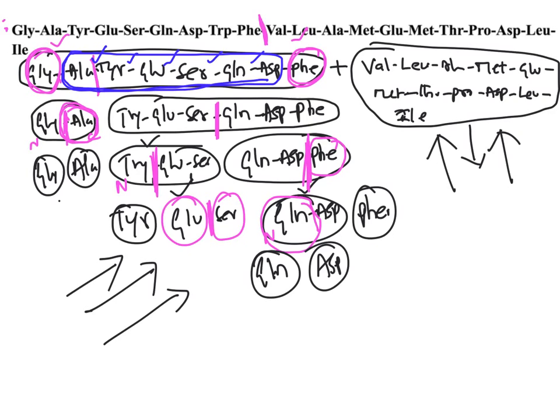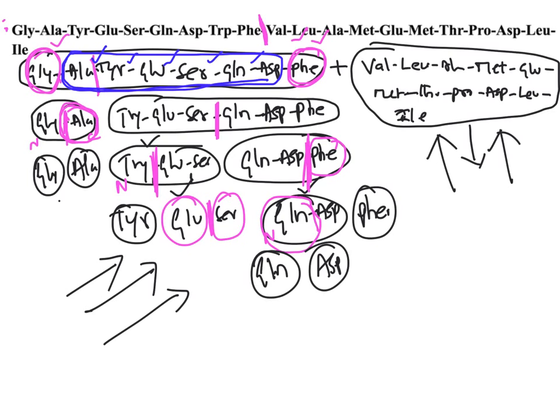Now after that you need to remember the specificities of all these proteases. Aminopeptidase has a broad specificity. It acts on the very first peptide bond from the amino terminus. And we have two carboxypeptidases, A and B. Carboxypeptidase A will act on hydrophobic amino acids if they are present on the carboxy terminus.